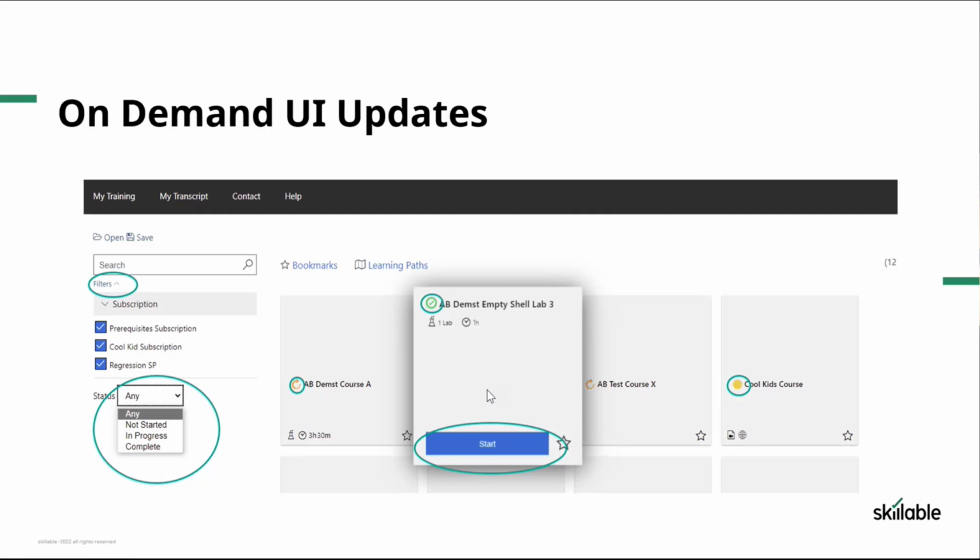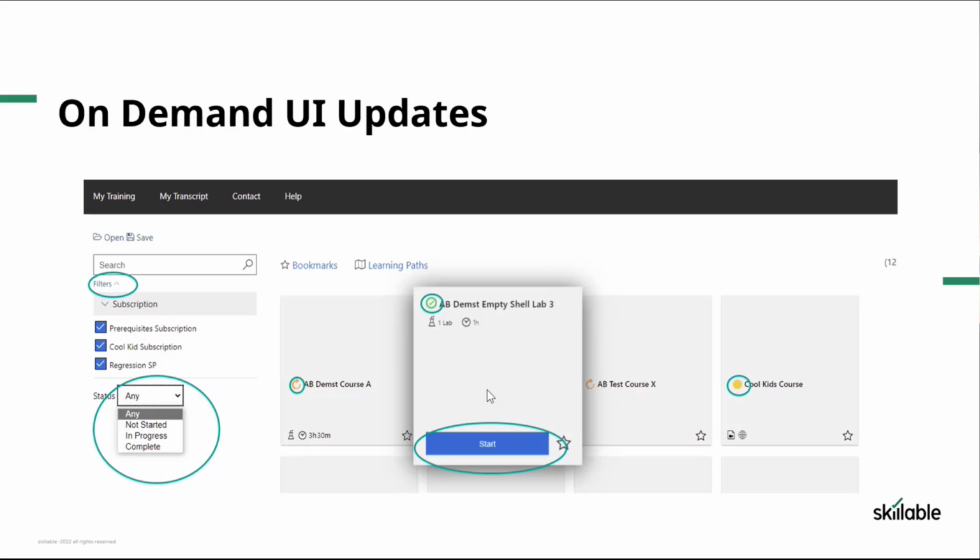The sun icon means not started, the circle icon with the arrowhead is an in-progress course, and the green tick represents a course that's been completed. Using that new status field, a user can filter to find all the courses they have in progress, or all the courses they've not started. Before, they couldn't do that.